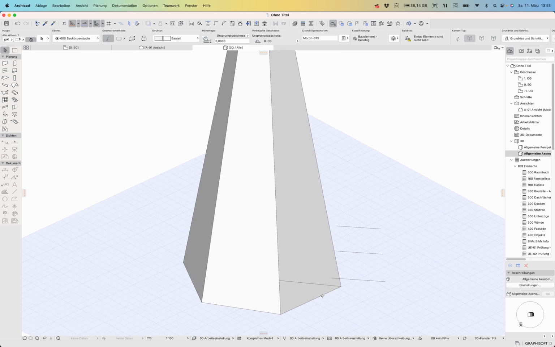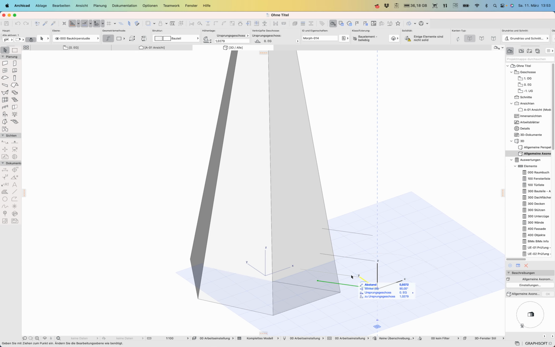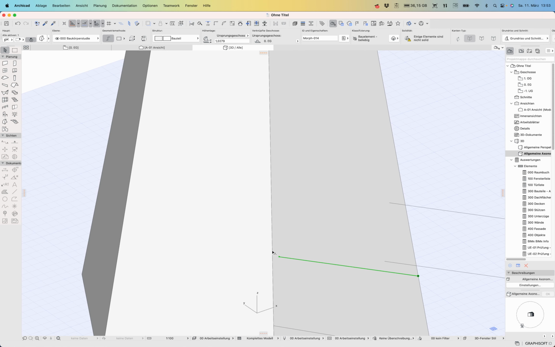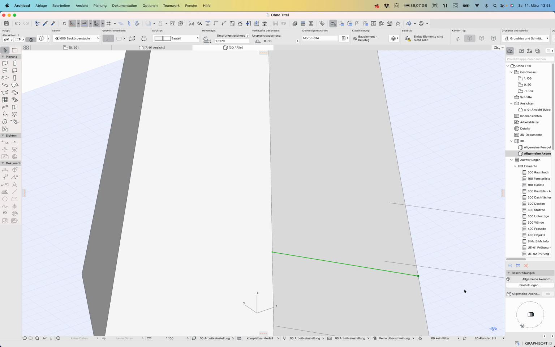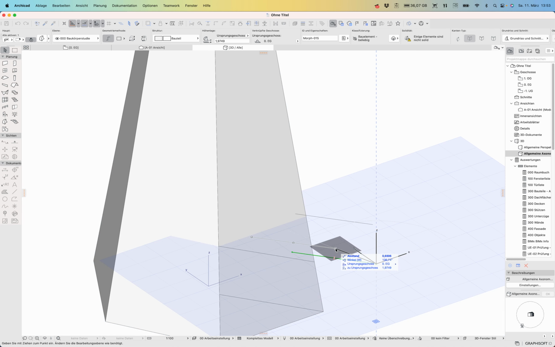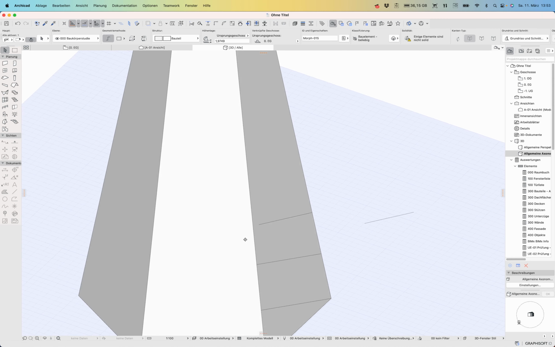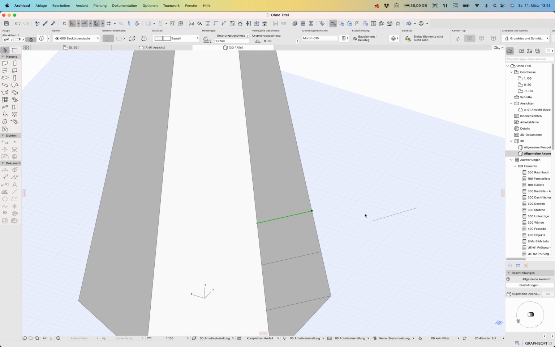So the next one on the y-axis, and okay, the next one exactly on the y-axis, and turn it to this.